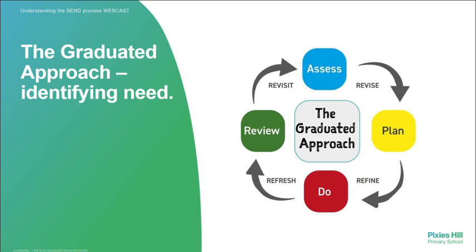Assess, plan, do, review is known as one cycle. When you've gone all the way through the cycle, you start again with assessing what the needs are, whether the provision needs to be changed, and then the cycle will start again. It usually takes about a term to go through a cycle.